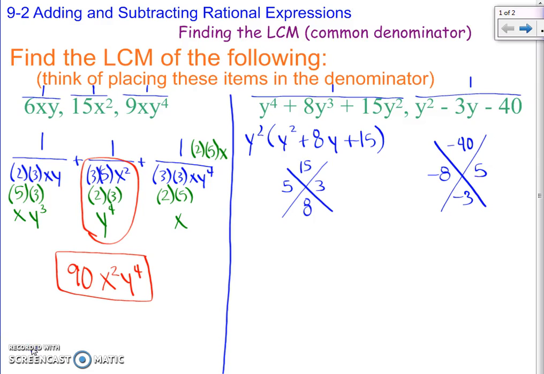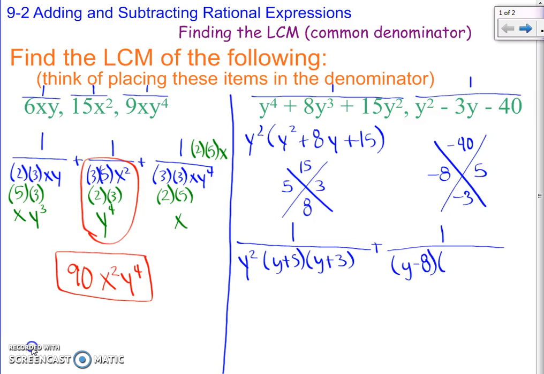Good. All right, so we're just going to rewrite this. We've got y squared, y plus 5, y plus 3, plus y minus 8, y plus 5. And change your colors.